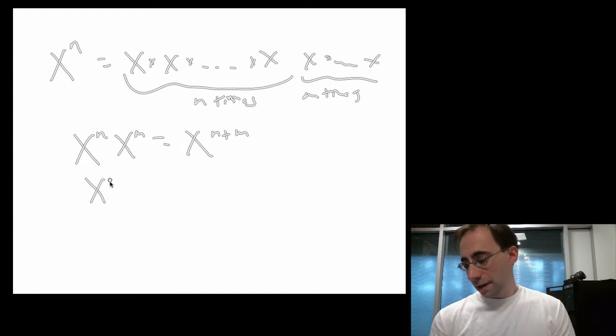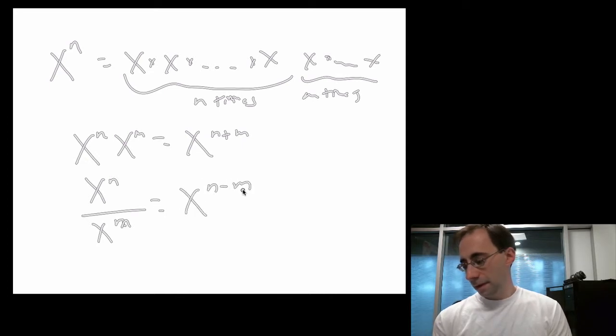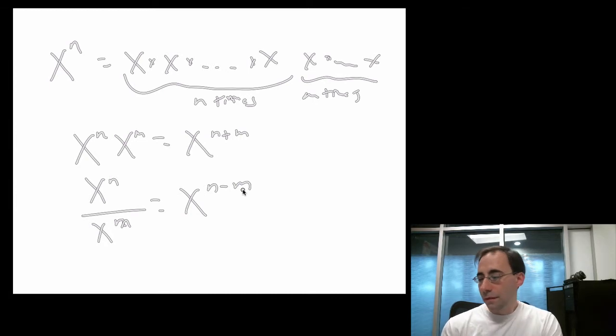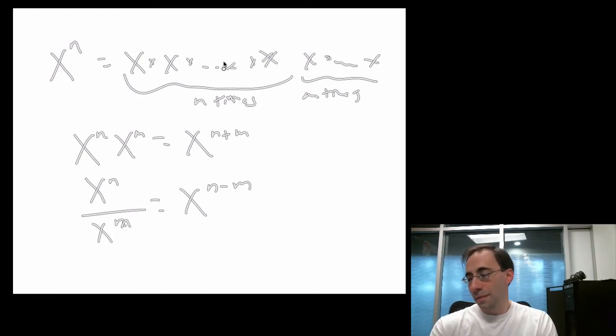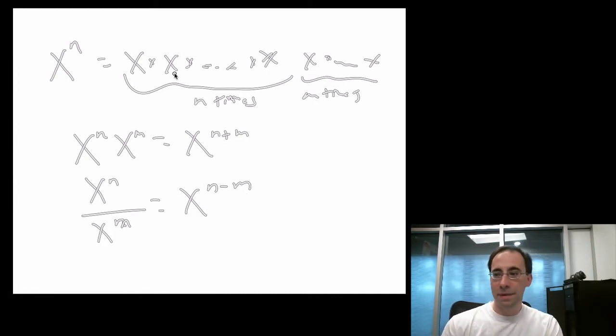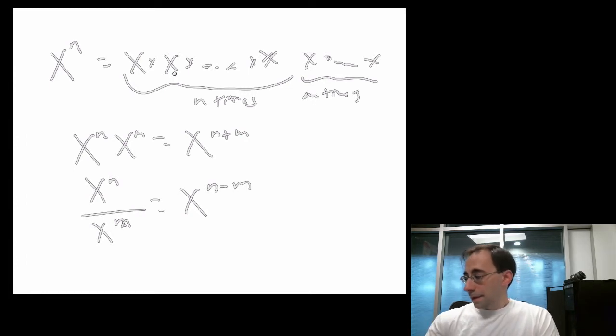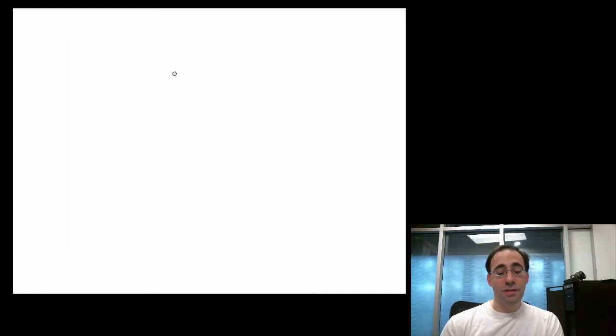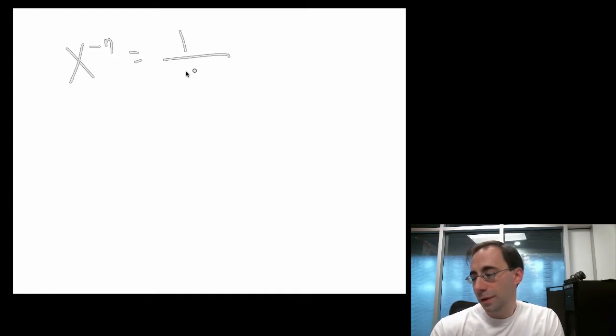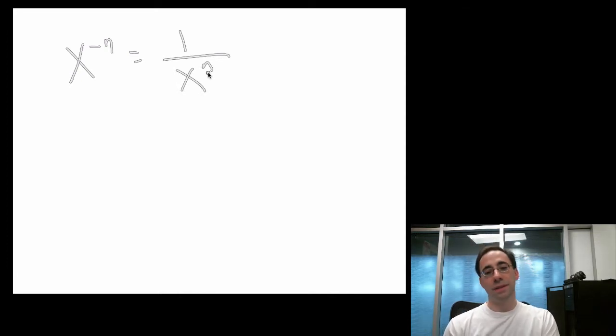If you divide, you subtract the exponents. For the same reason, you have n, you remove m of them, you're left with n minus m. The division thing gives you a hint about a more general property, which is that a negative exponent is equal to 1 over the positive exponent.